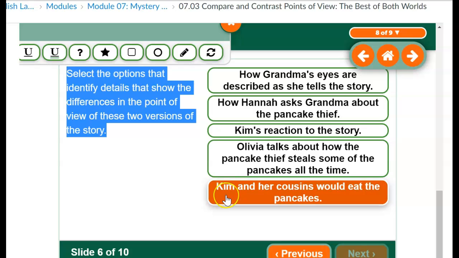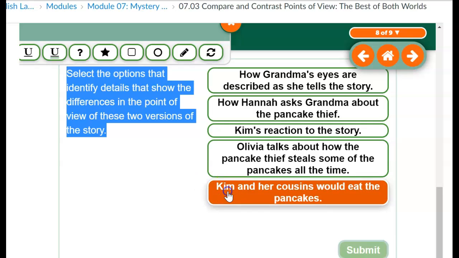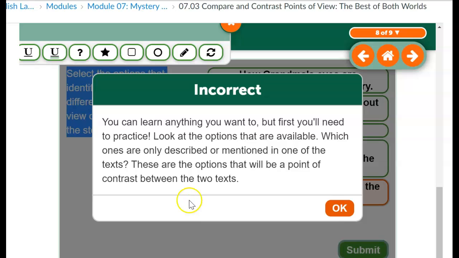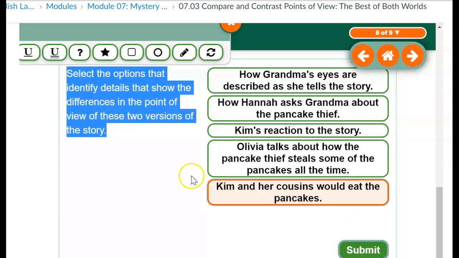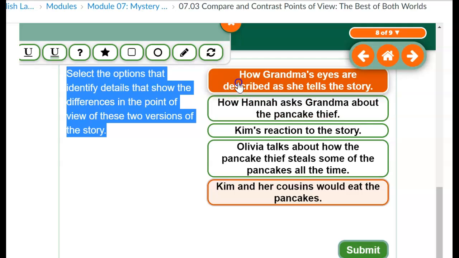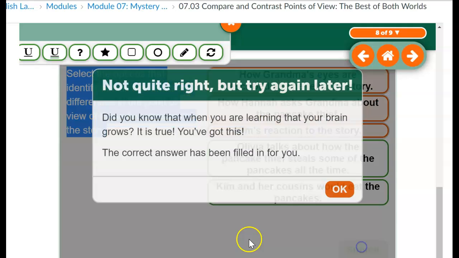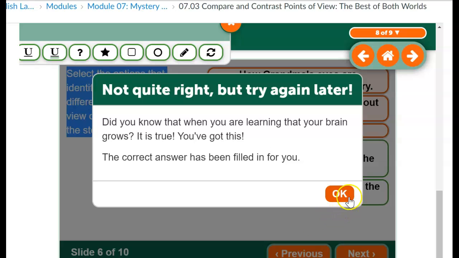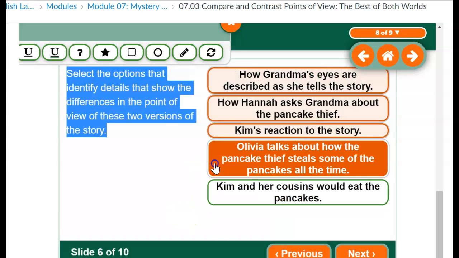Kim and her cousins would eat the pancakes. In the first one, they talked about cousins, but I didn't hear them talk about cousins in the second one, but that's not what they're talking about. They both talk about Grandma had a glint in her eye, but that one's not it. So here is the difference. Olivia talks about how the pancake thief steals some pancakes all of the time.